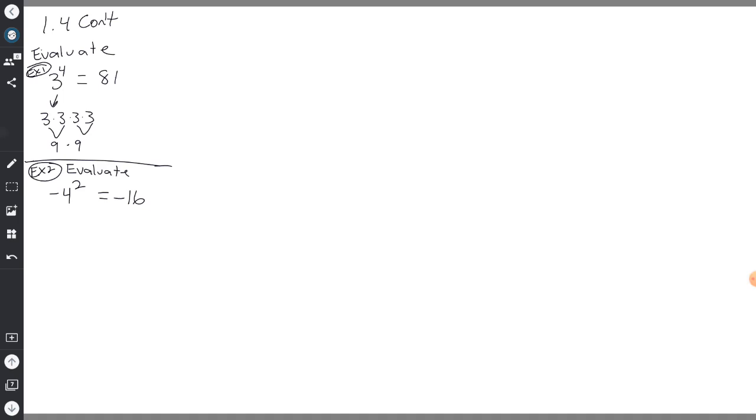Those calculators may not be able to follow order of operations in that way. Like the Casio one that I was telling you about, you can put it in and you can see it on the screen just like that, and it'll make the calculation there.